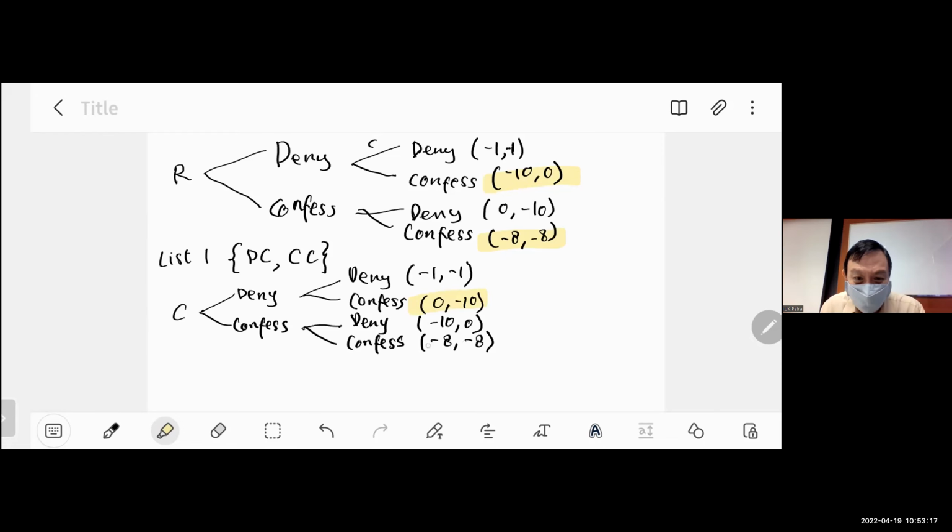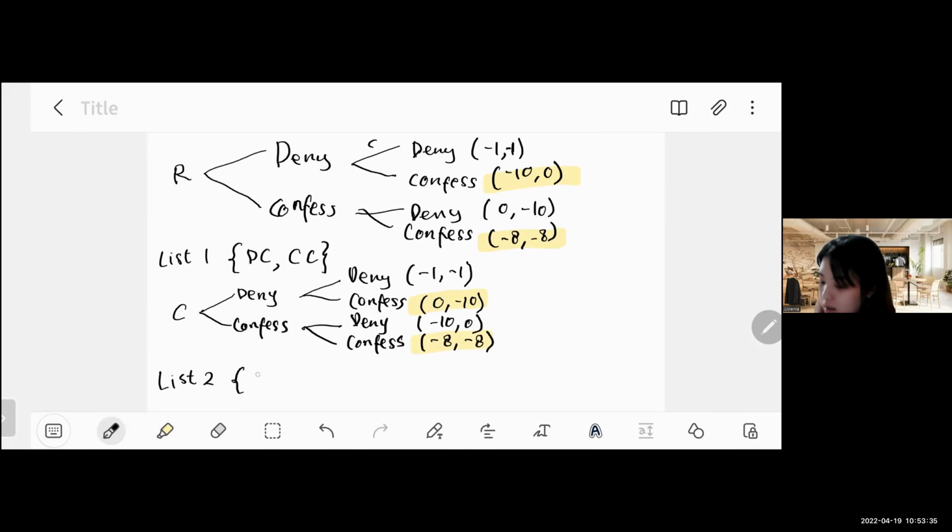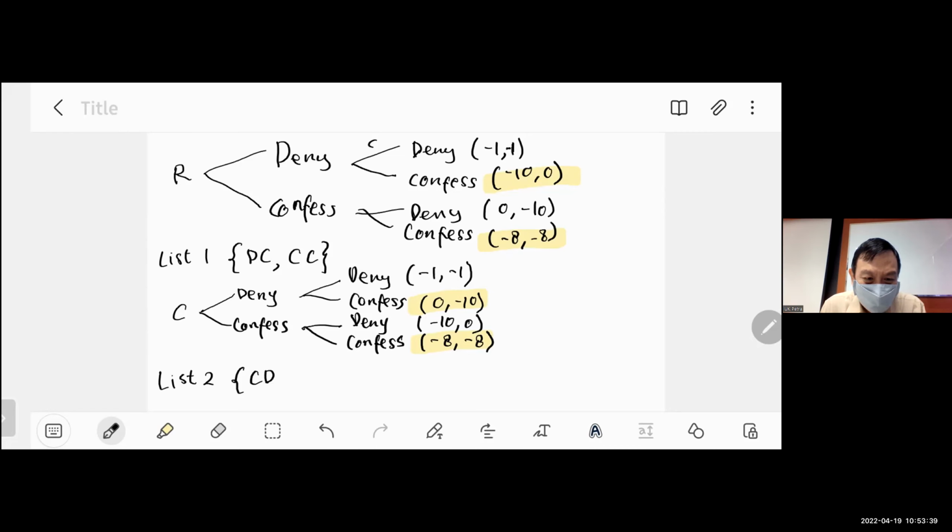Between -10 and -8. Now you need to make a list too. This is where the danger comes from. The list 2 must also be row column. So in that case, CD, CC.